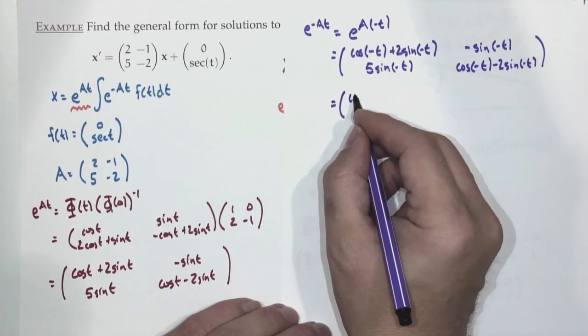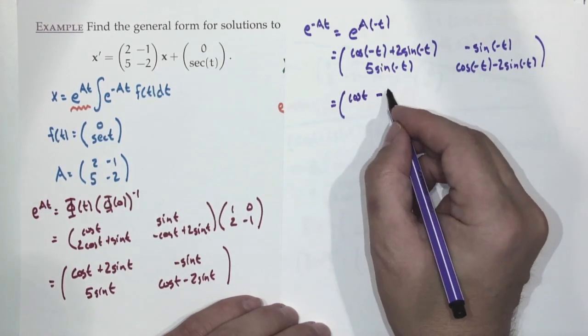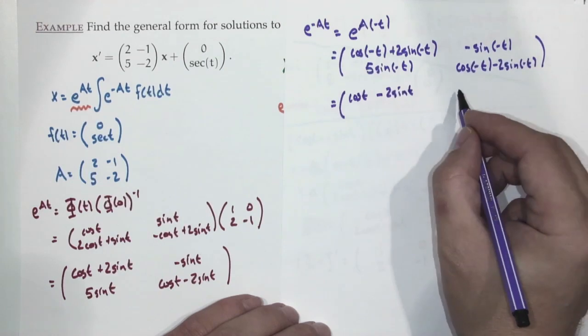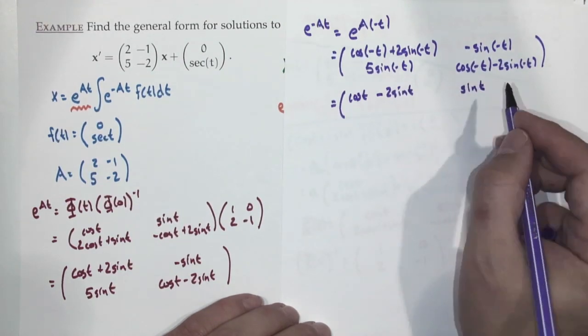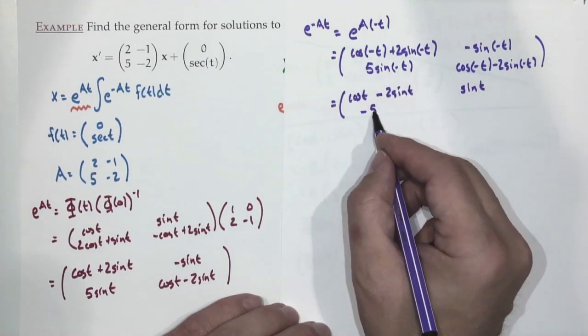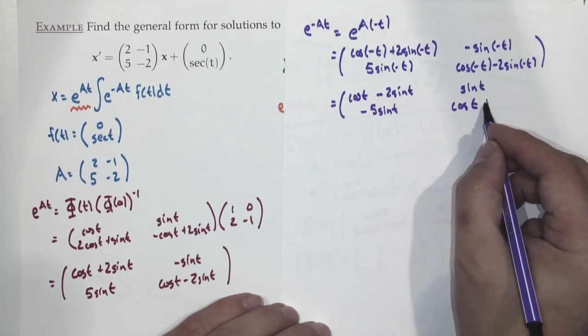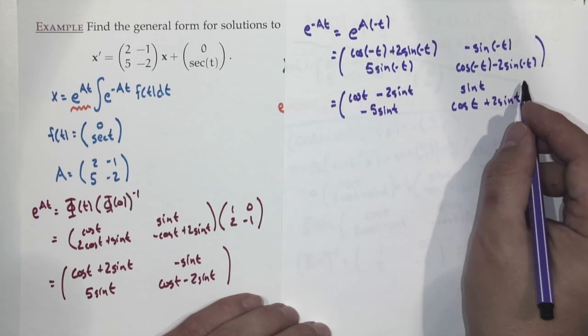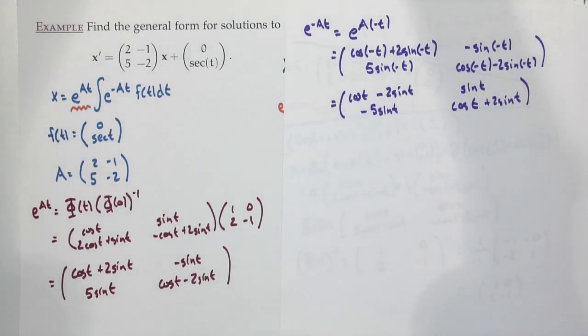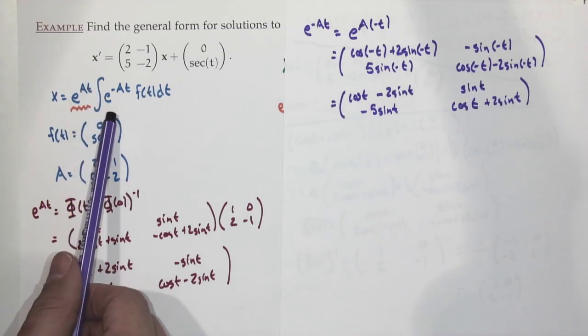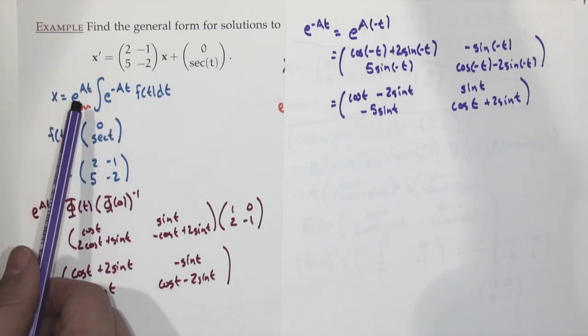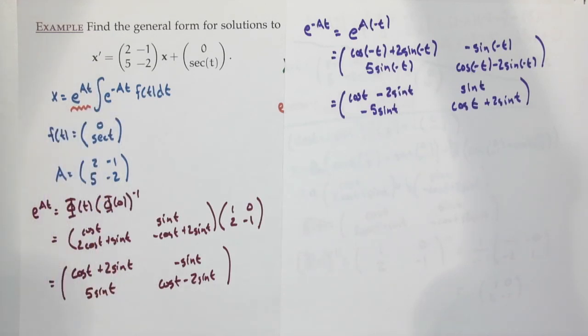So this is cosine t minus 2 sine t, sine t, negative 5 sine t, cosine t plus 2 sine t. All right, so we have our pieces, because we know what f is, we know what e to the minus At is, and we know what e to the At is, so we're ready to get to work.